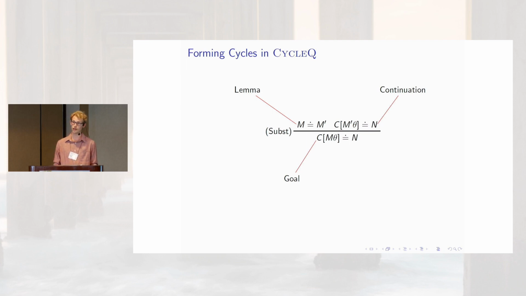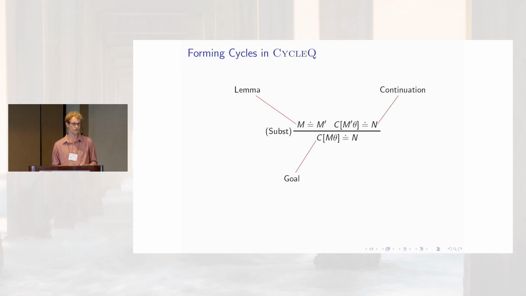But in a cyclic setting, we can do something a bit different. We can take existing nodes in the graph and use them as lemmas. So we identify where some other node has one side of the equation matching a subterm of our goal, and we use that node to rewrite the goal. So we're using that as the lemma, and typically this is most useful when it's going to be our induction hypothesis, such as an ancestral node in the graph.